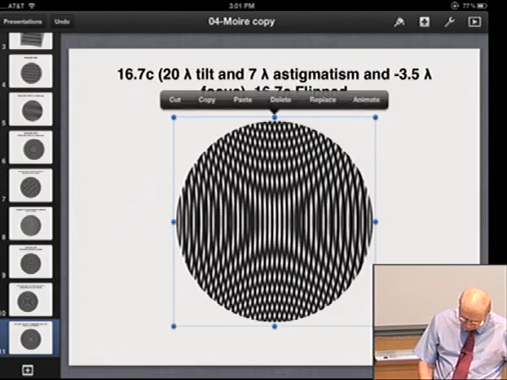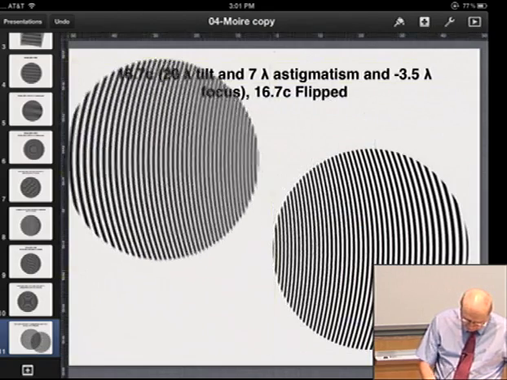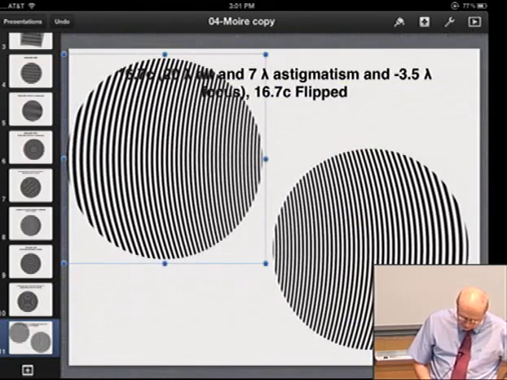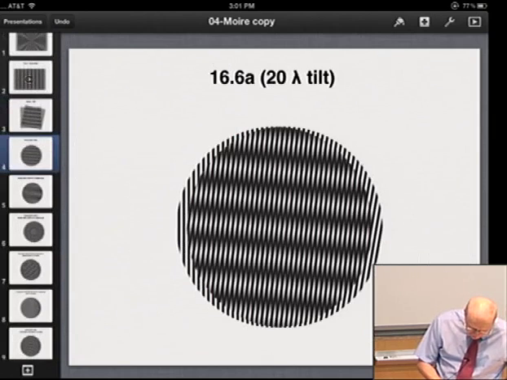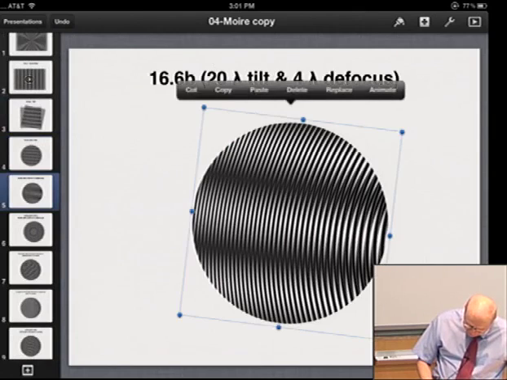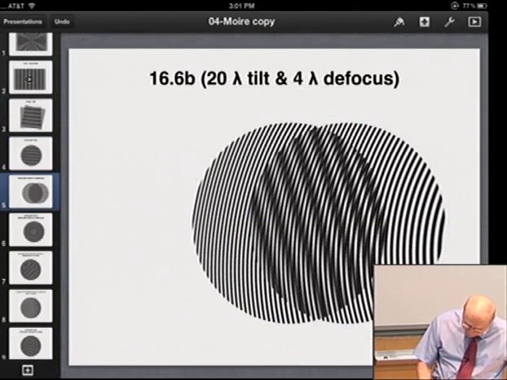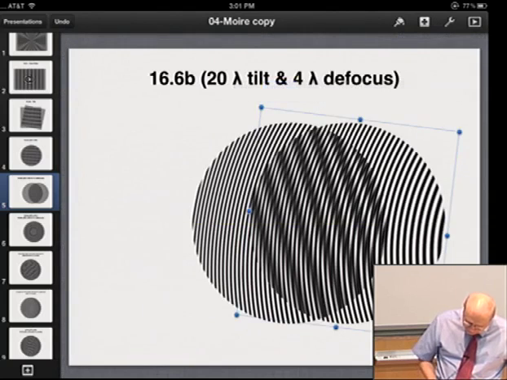Now let me play with this one just a little bit. Let me get this out of the way. So this was astigmatism and focus. I had one up here that was just focus, I think. Okay. Let's take this one here, and let's copy that.